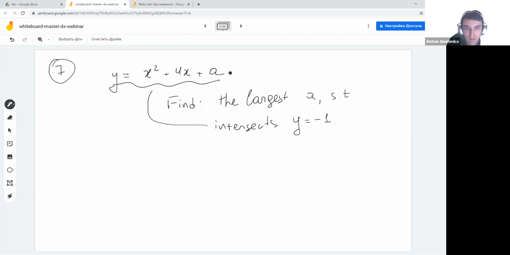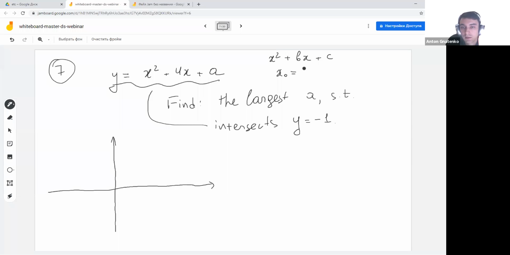So let's first understand how this graph looks. Let me draw the coordinate plane. This is a parabola, obviously, and there is a well-known formula to find the x coordinate of the vertex of any parabola. If you have a parabola of the form ax squared plus bx plus c, then the coordinate of the vertex, x sub 0, is minus b over 2a.